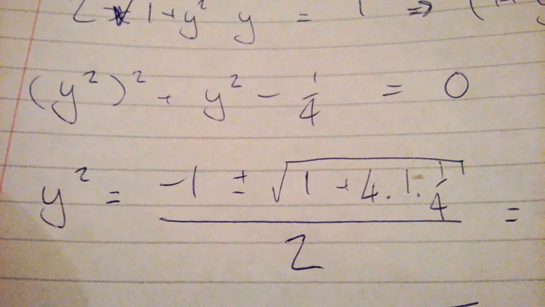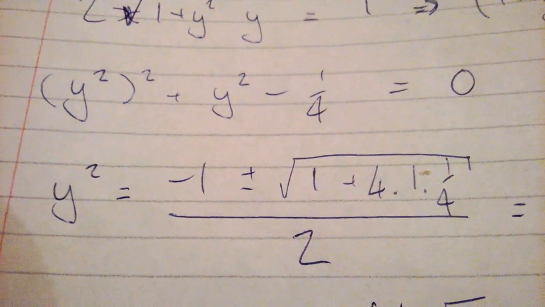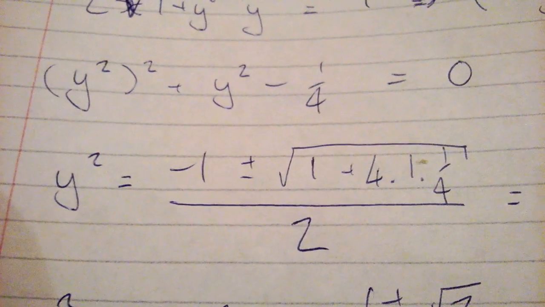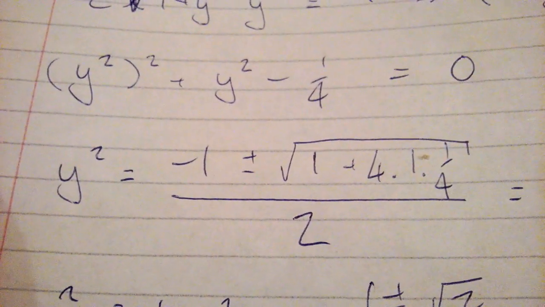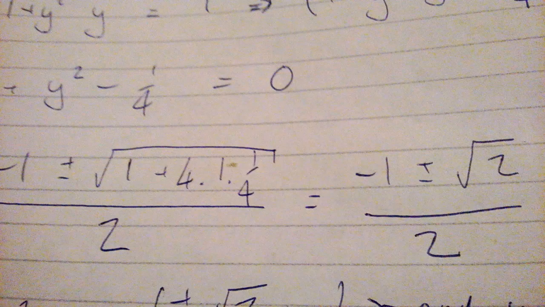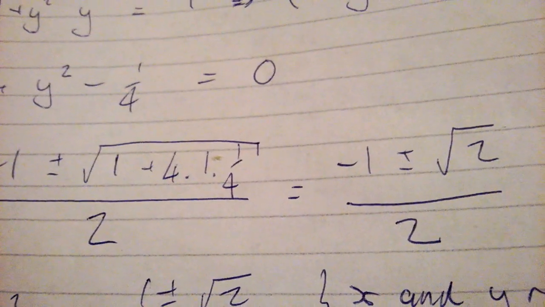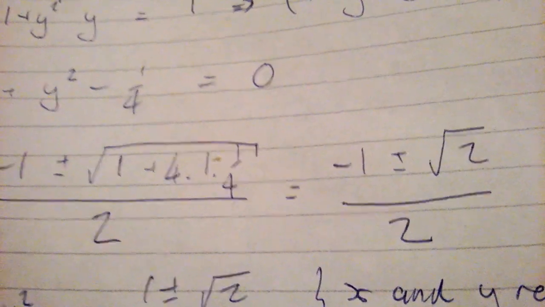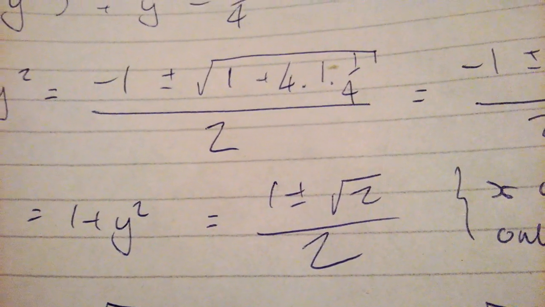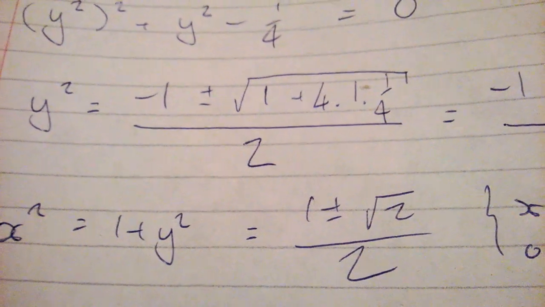The a is 1 and the c is minus a quarter, so we have 1 plus 4 times 1 plus a quarter, all divided by 2a, which is 2. That works out as -1 plus or minus the square root of 2, because the 4 and the quarter cancel out, leaving the square root of 1 plus 1, so the square root of 2, over 2. So x squared, which is 1 plus y squared, equals 1 plus or minus the root of 2, over 2.